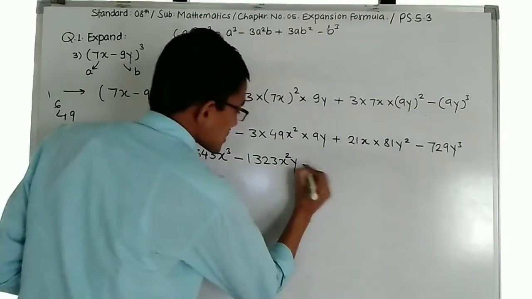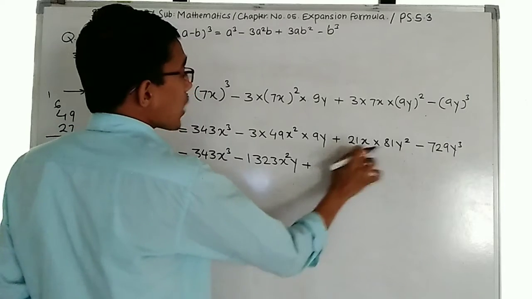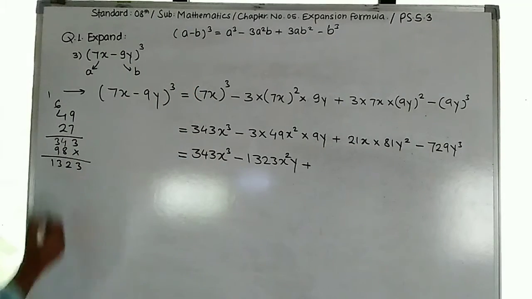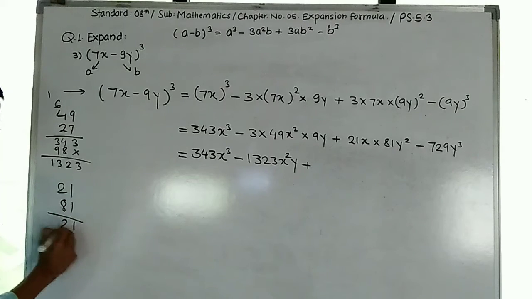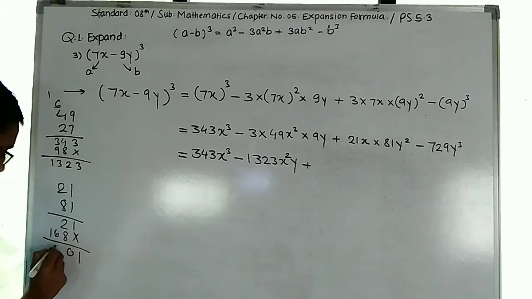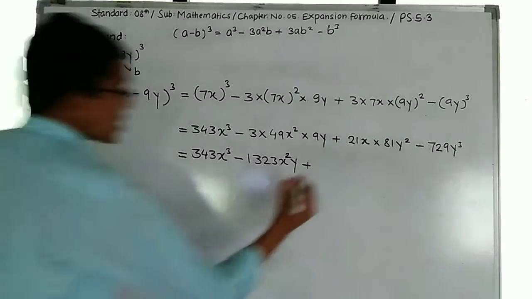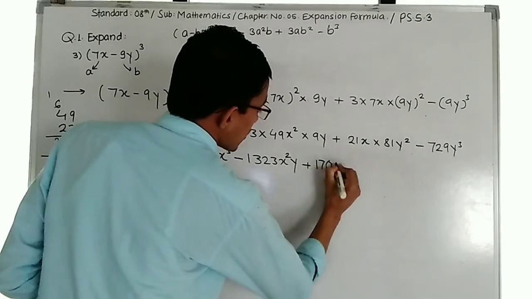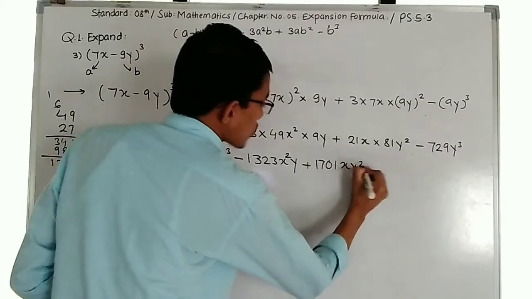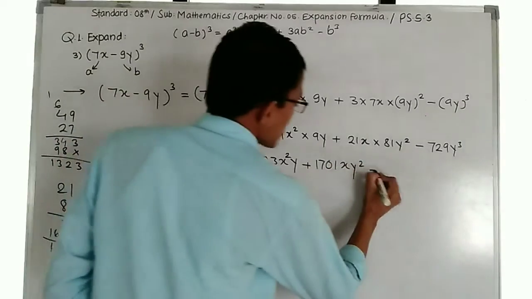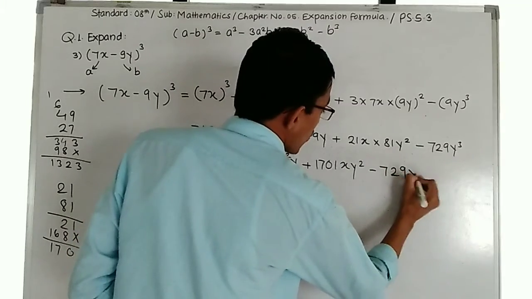Plus now we have to multiply 21 into 81. So 21 into 81: 1 one is 1, 1 two is 2, 8 ones are 8 and 8 twos are 16. 1, 8 plus 2 is 10, 1 carry, that is 7, and 1701. So we get 1701xy square minus 729y cube.